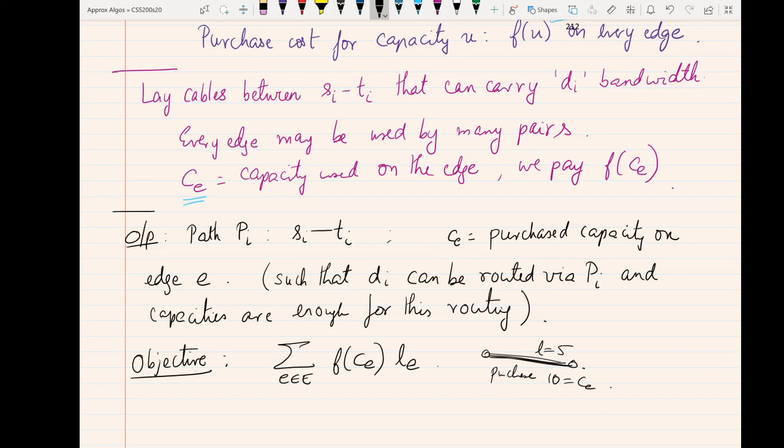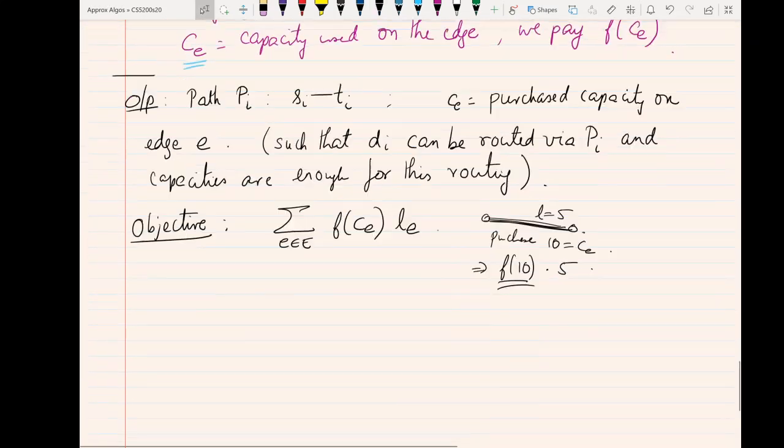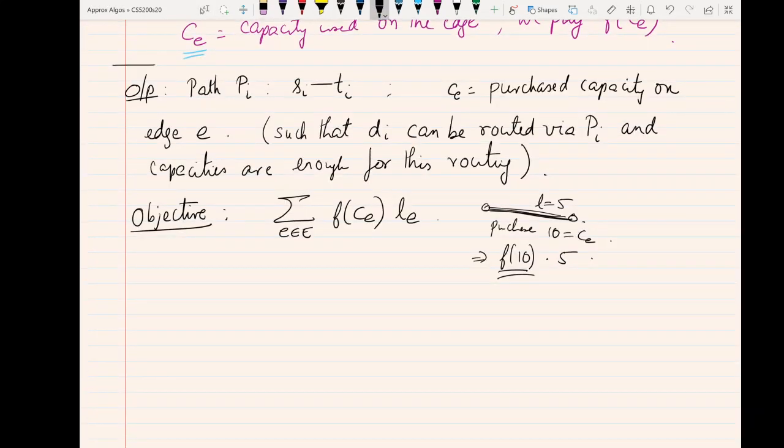This means the cost on this edge is f of 10 times 5. Now I've not told you what f is explicitly, and we will not need the exact form of f except to know that it satisfies the buy-at-bulk property.